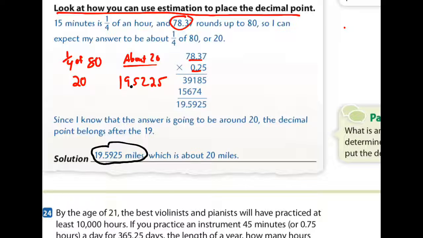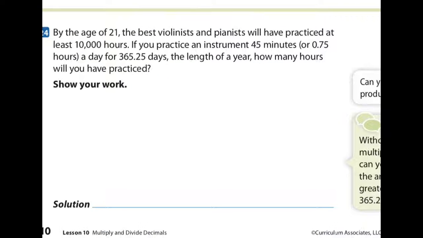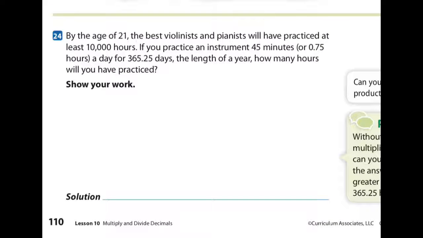All right, so now what you are going to do first is you are going to try 24 on your own. So pause the video, do 24, and then when you're done, you're going to restart it. Now remember, I want you to focus. Is it multiplication or division? Second, can you estimate to figure out what your answer is close to?